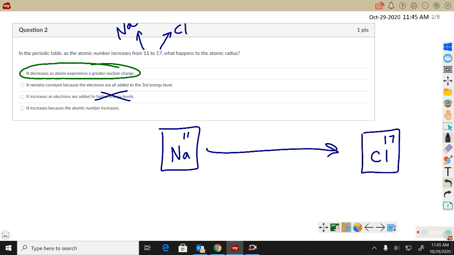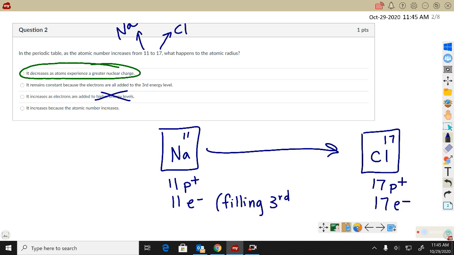So sodium has 11 protons and 11 electrons. Chlorine has 17 protons and 17 electrons. And the key is that all of these electrons are just filling the third energy level.